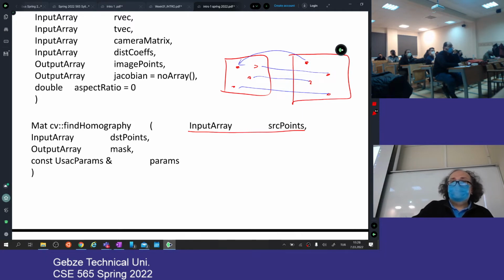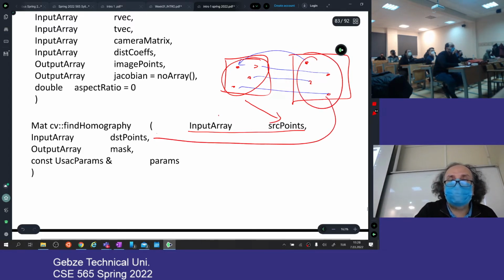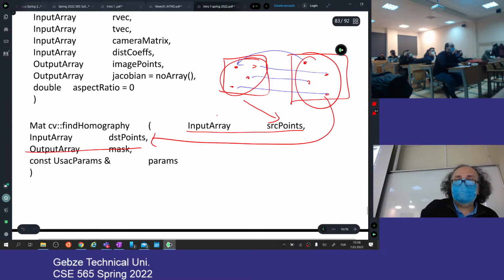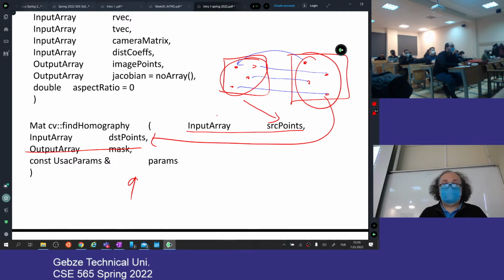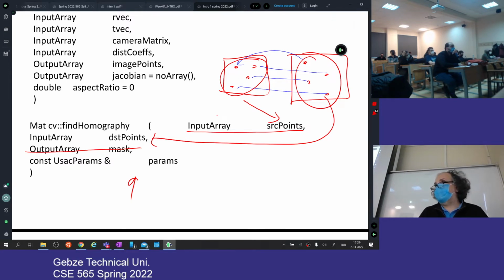So for the source points, I am going to give you these 4 points. For the destination points, I am going to give you these 4. You are going to run this function and you are going to get 9 homography parameters, 3 by 3.